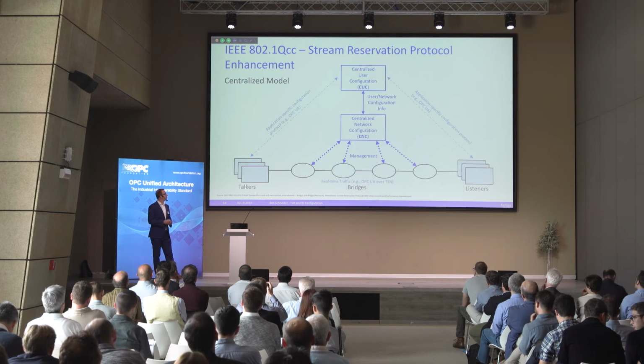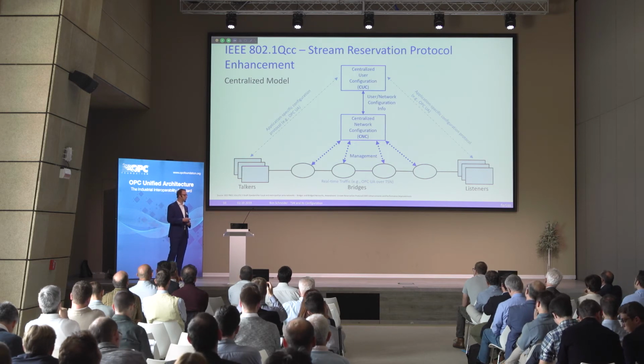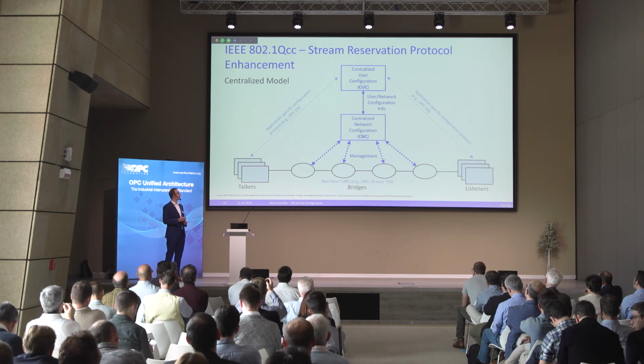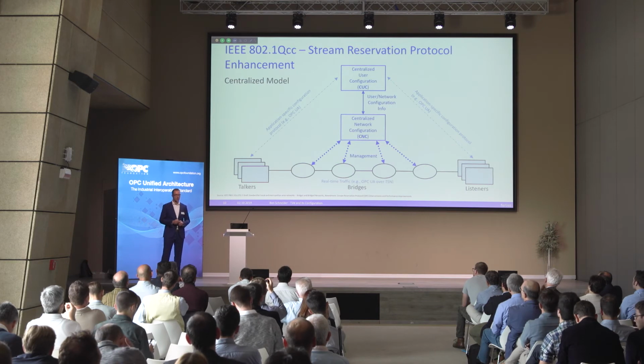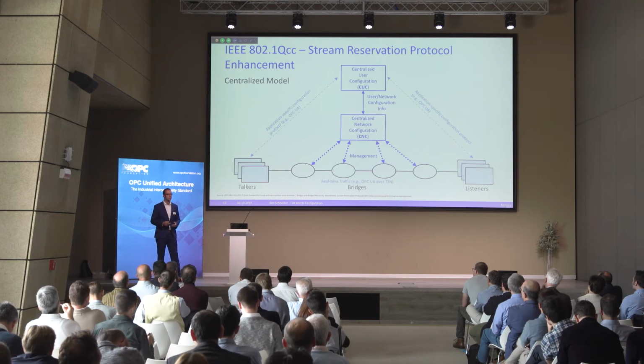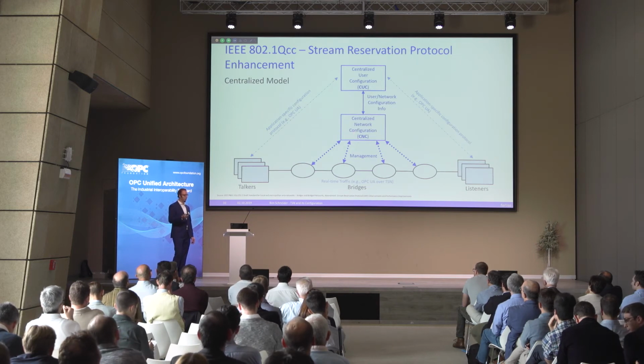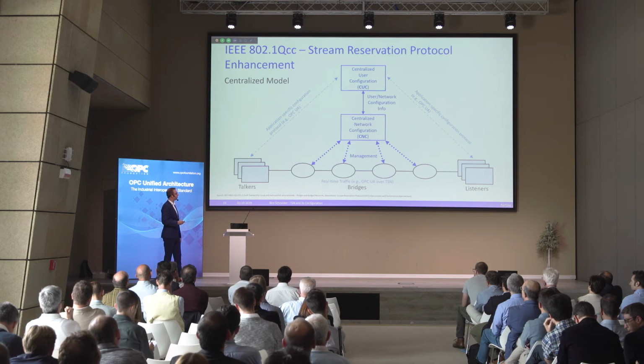So what is the centralized network configuration entity? Well, this one gets all the user requirements from the CUC and is kind of the configuration engine of the network. So this guy right here will, in the end, generate and calculate the configuration of the network.